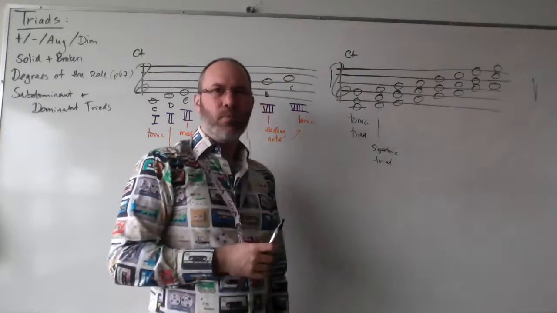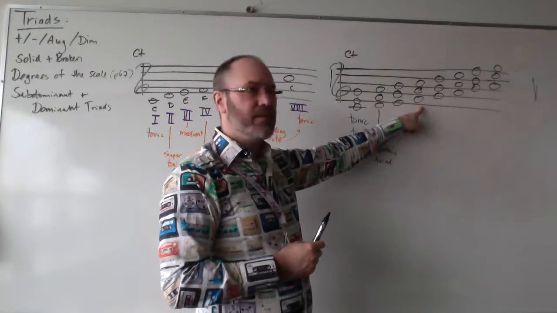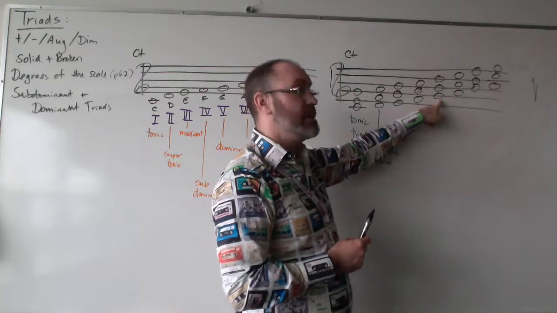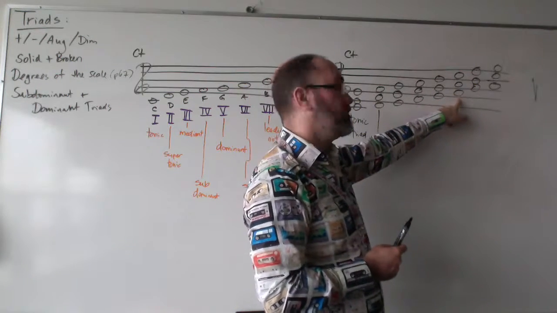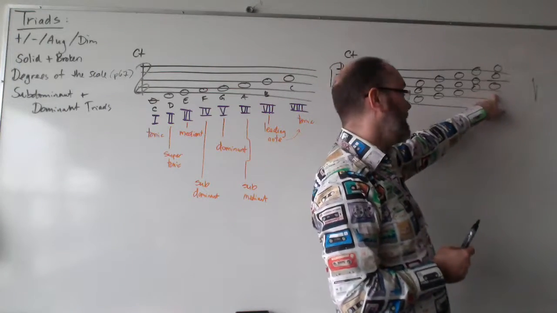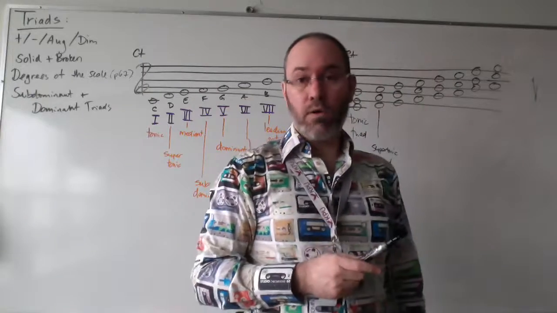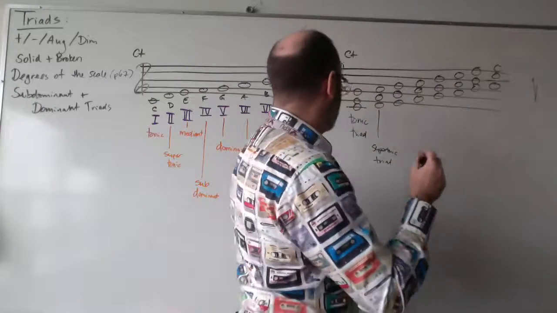Okay, so do you get where I'm going with this? That's the mediant triad. That's the subdominant triad. That's the dominant triad. Submediant triad. The leading note triad. And the tonic triad.